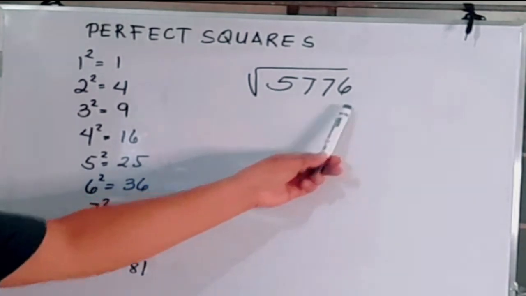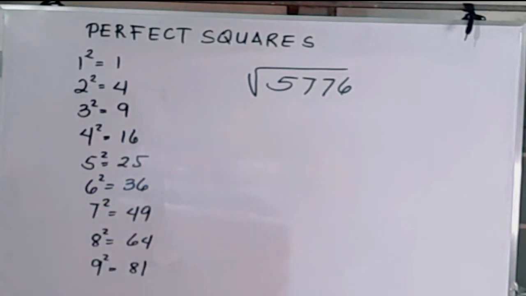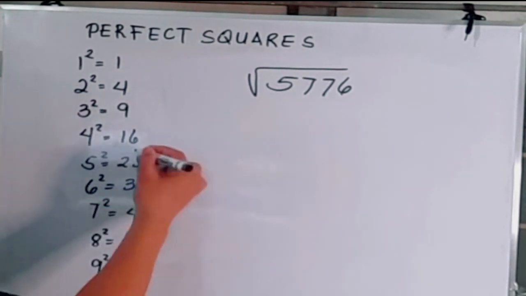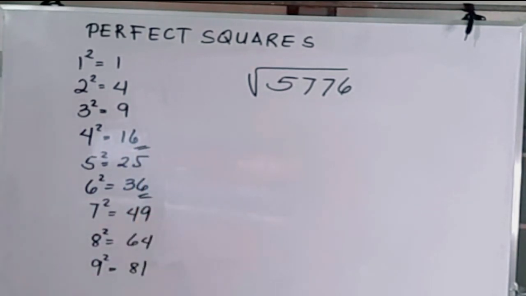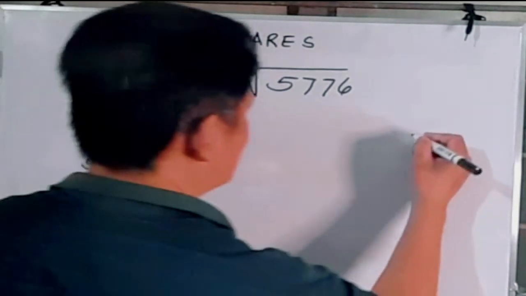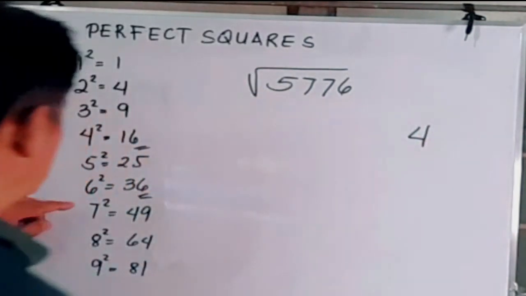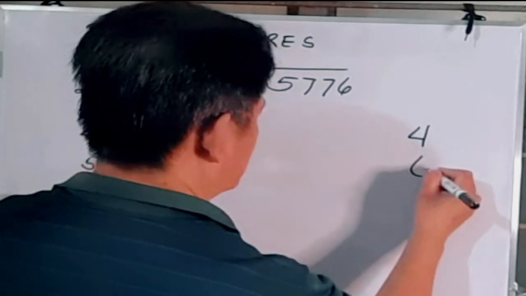So your last digit is 6. Again, you have 16 and 36. That means the last digit of your answer is either 4 or 6.